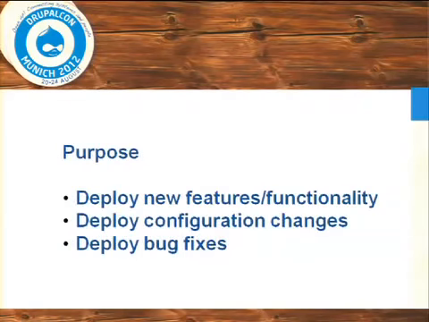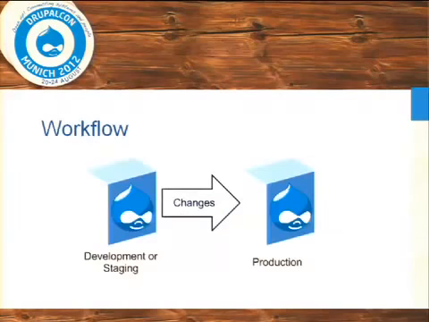So we want to deploy our new features, new functionality, configuration changes, bug fixes, whatever that change may be, put it in code, and hopefully we can deploy it nicely. What I'll deal with today is just this very basic use case, but Capistrano, and so do many other deployment tools, support a range of multiple server deployments and what have you.